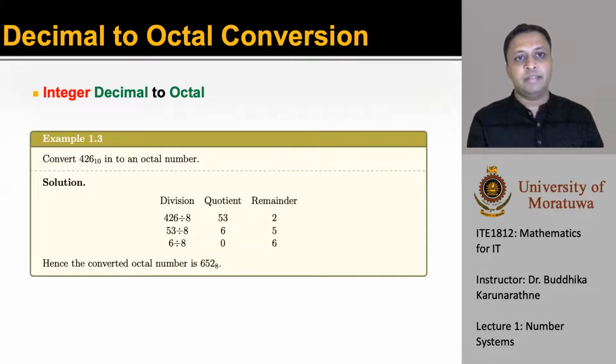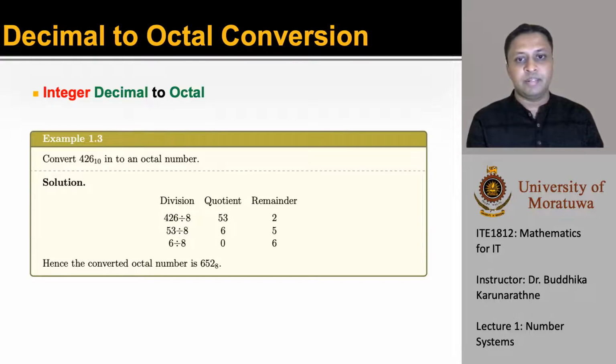So here we look at integer decimal to octal conversion. The example is converting the number 426 in decimal representation to octal. What we do is keep dividing the number by 8 because we are trying to convert this to octal. The base is 8.